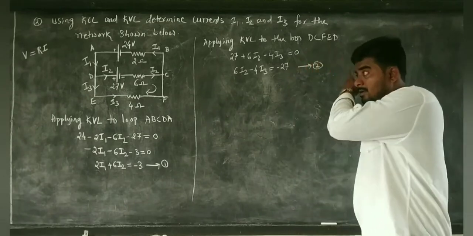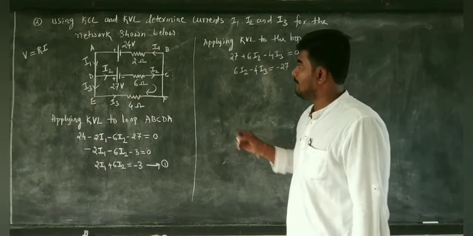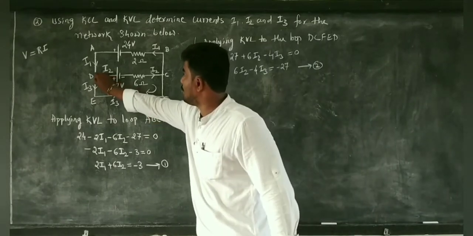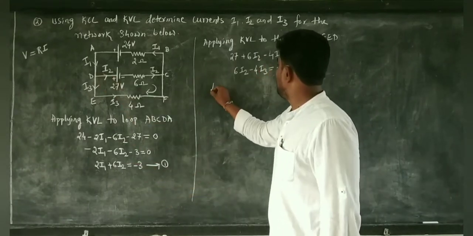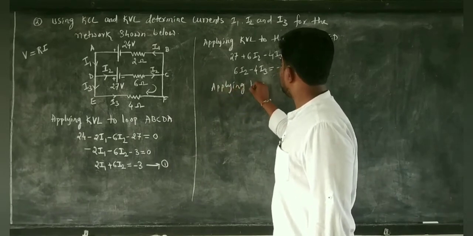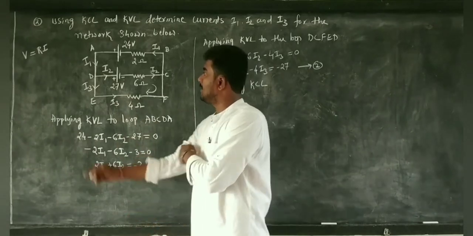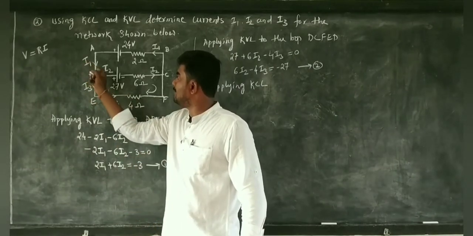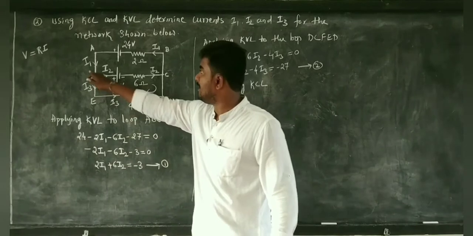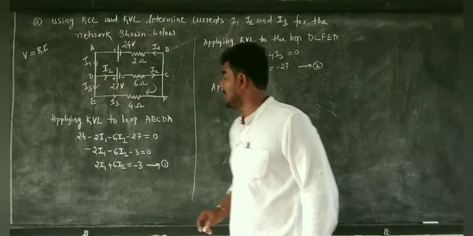And one more equation we are supposed to consider. For that, I will take this junction point, applying KCL, because if I consider KCL, I will take I1, I2 and I3. My equation will contain all the 3 points, I1, I2 as well as I3.